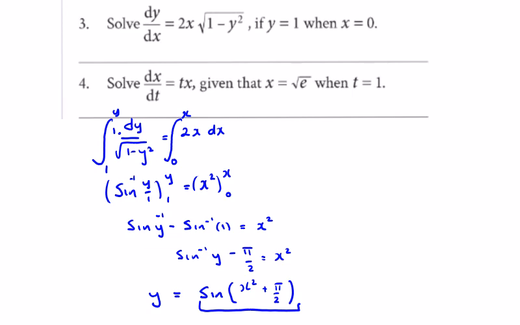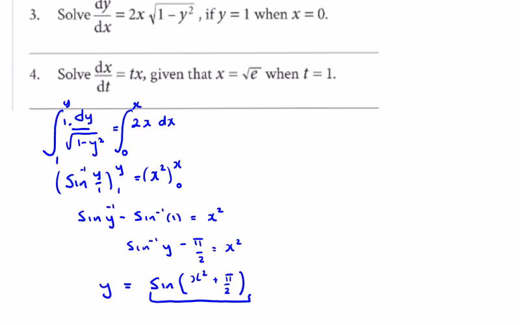In number 4, we need to divide by x. The x over x is equal to t dt, and we're told that x is equal to root e when t is equal to 1.